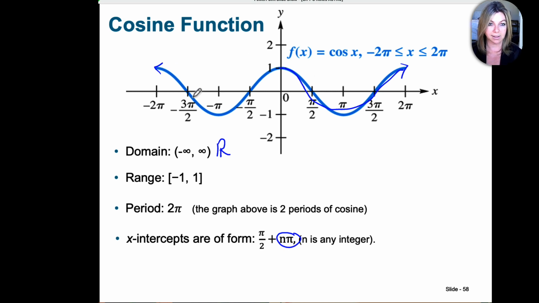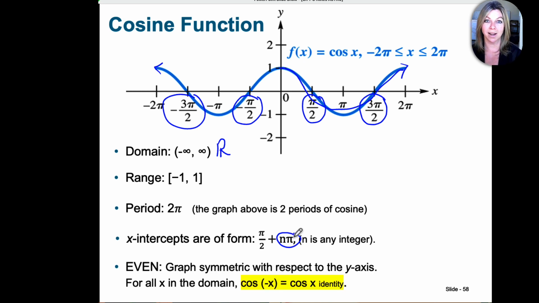It intercepts the x-axis at -3/2 pi, here again at -1/2 pi, here again at +1/2 pi, here again at +3/2 pi. So those, continuing in both directions, take the form pi over 2 plus any integer times pi.